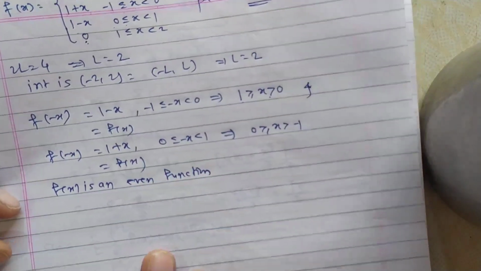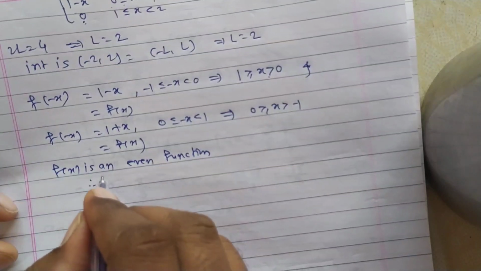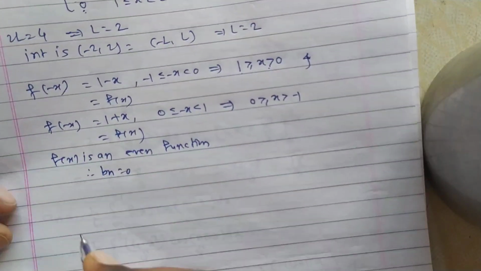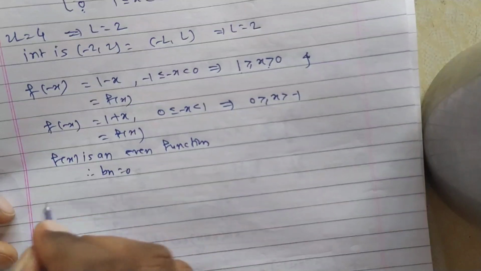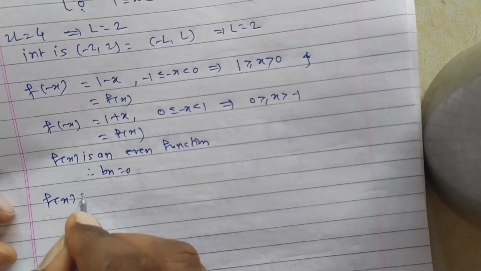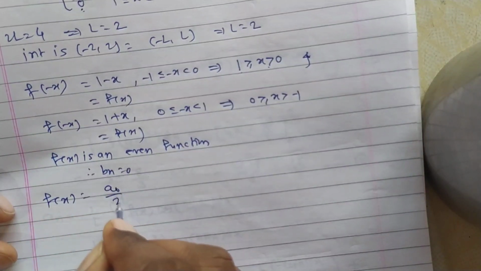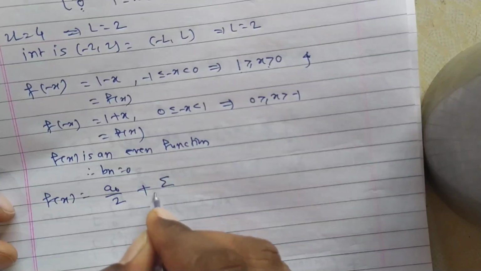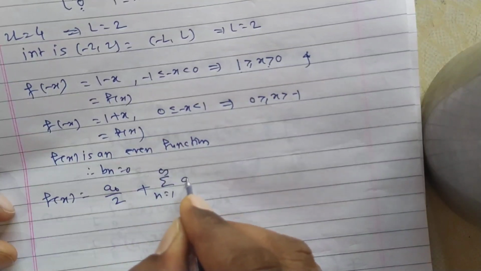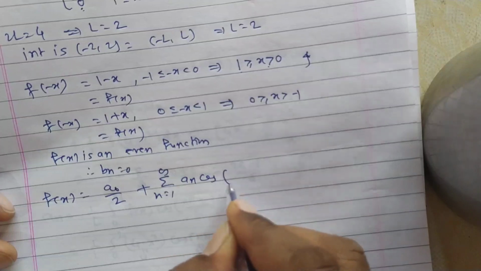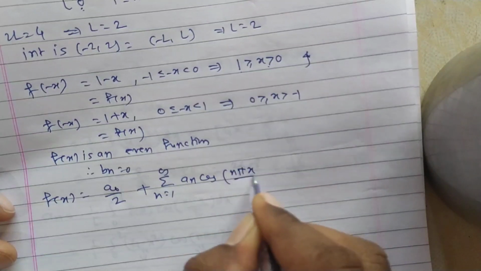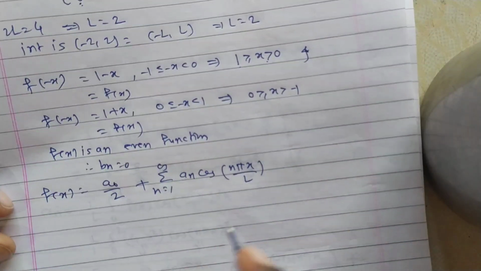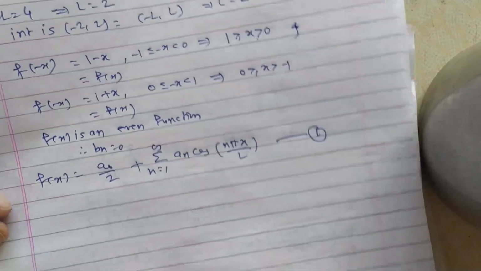If f of x is even, then we know that bn is always 0. So we have to find only a0 and an. So the Fourier series expansion is f of x is equal to a0 by 2 plus summation of n varies from 1 to infinity an cos n pi x by L. So we have to find only a0 and an here.